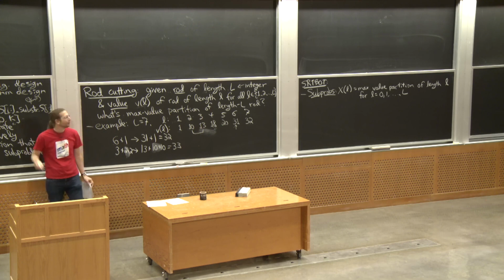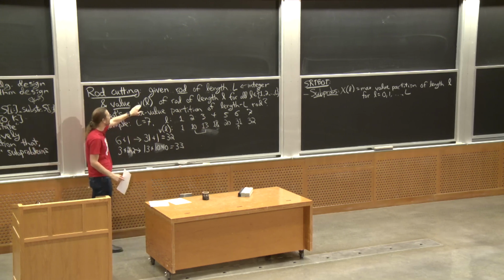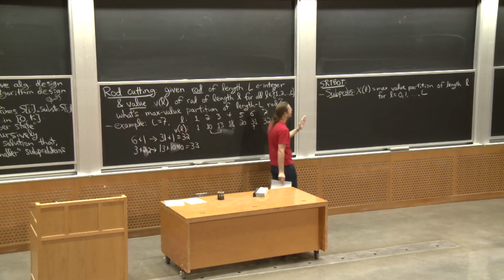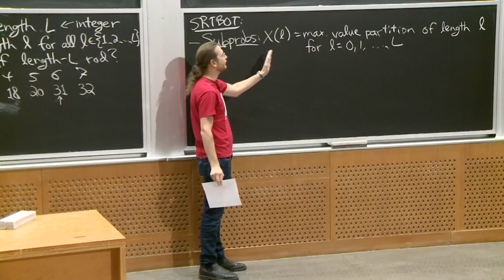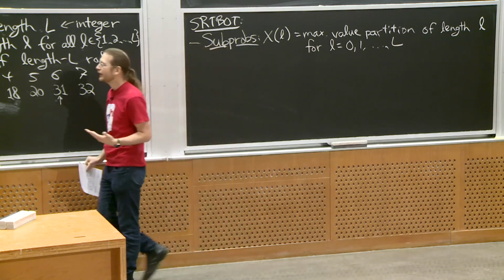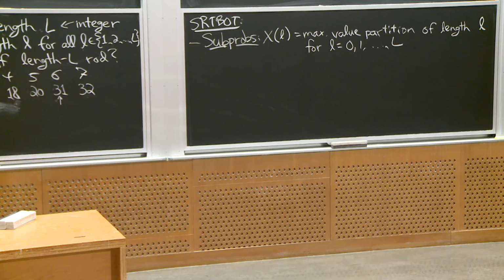Now, in this example, that happens to correspond to prefixes of the v array, because if I only have length up to little l, then I really only need the prefix of the value array up to little l. So you could think of it that way. That's also fine. But I think this way is a little more generalizable.